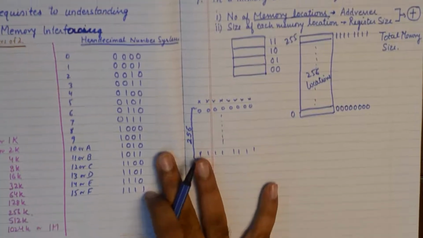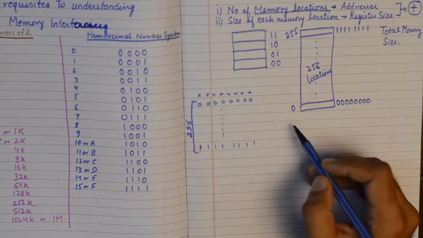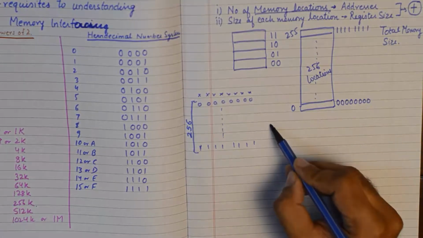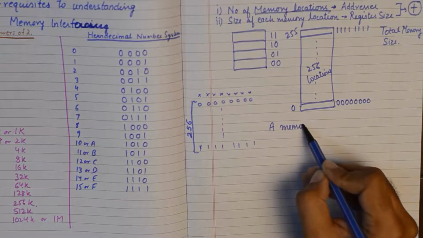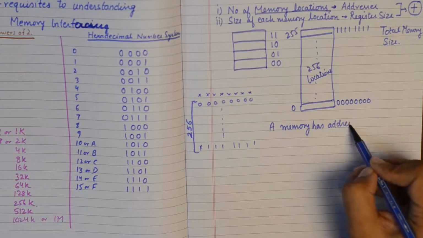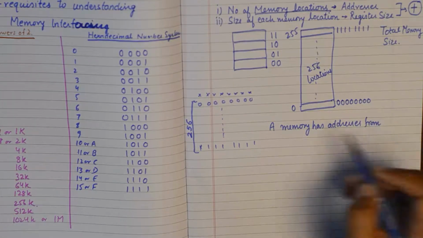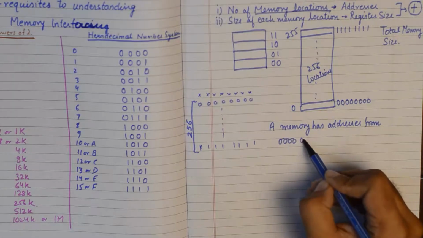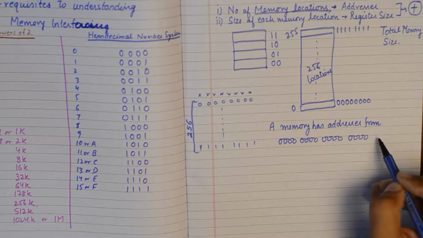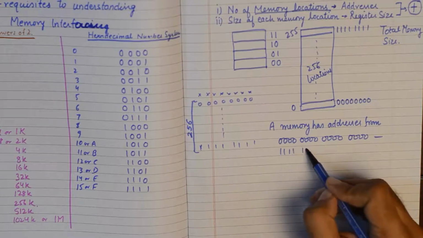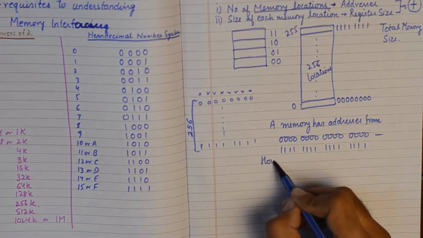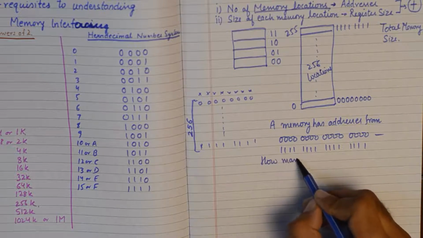I'll take one more complicated example, the reverse example. If I say a memory has addresses from 16 times 0 to 16 times 1, how many locations will this memory have?